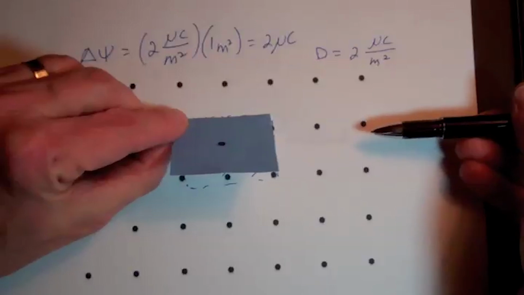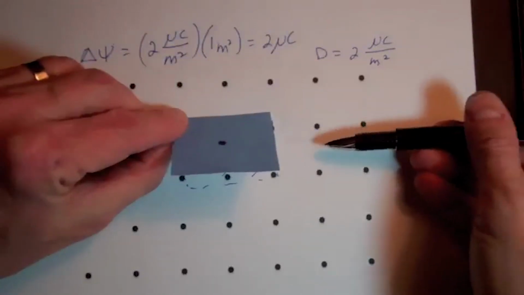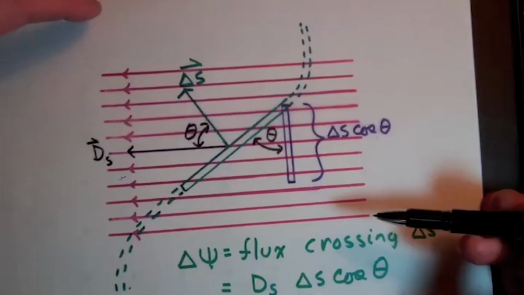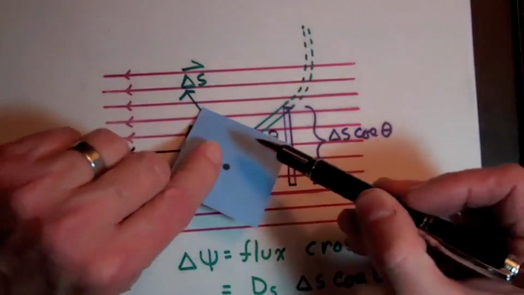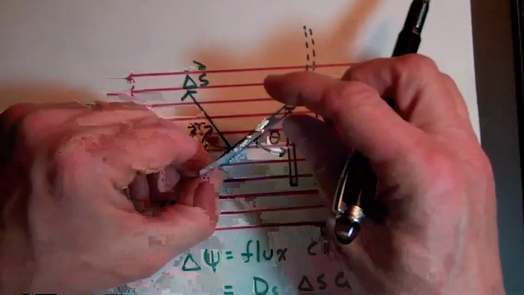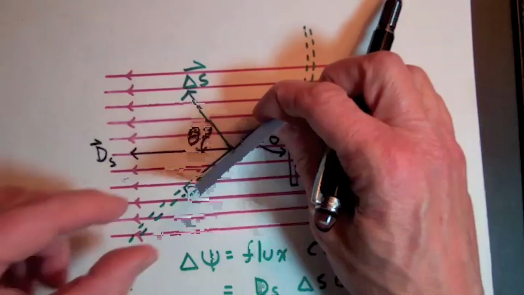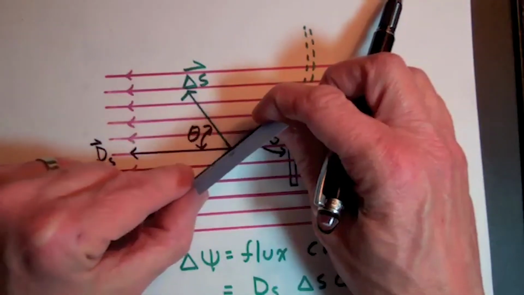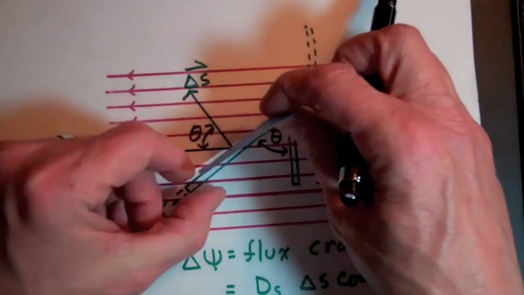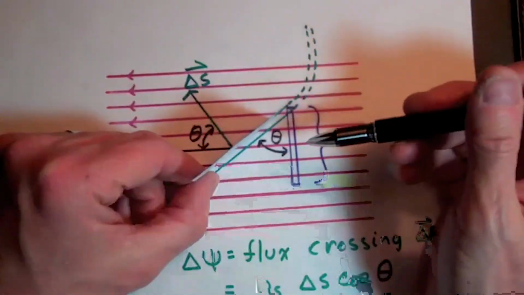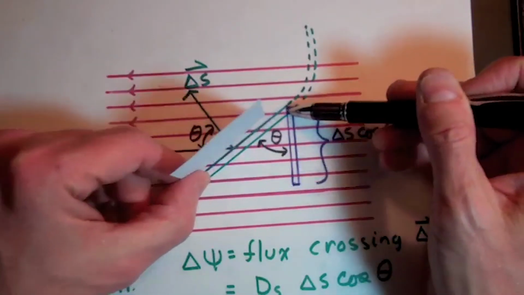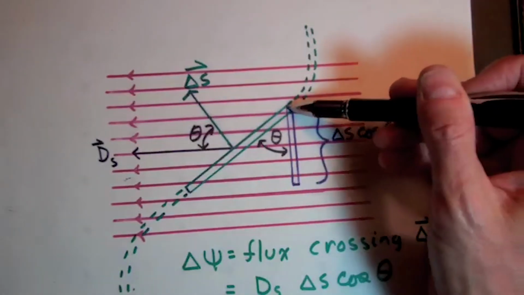Now let's take a look from the edge from the right side here. I'm going to now call the surface area delta S, and it's going to be oriented like this with some angle theta with respect to the electric flux density field. So the projection of the area on a plane that is normal to our electric flux density field is shown by this segment right here.